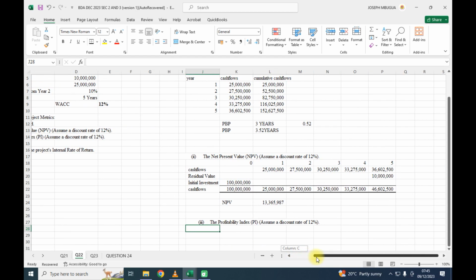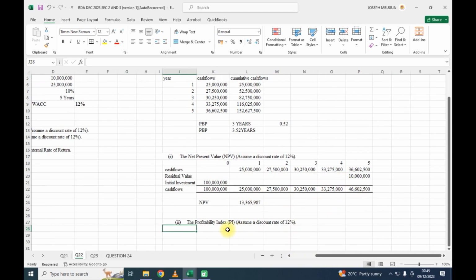And remember, for PI we shall be basing on what we have already done here, because PI equals present value of cash inflows over present value of cash outflow. So present value of cash inflow over present value of cash outflow.